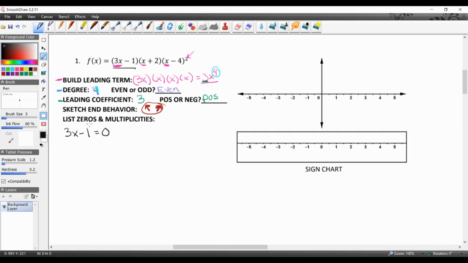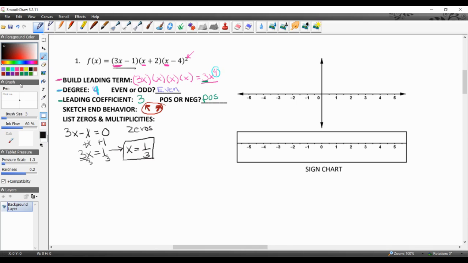Solving for x, I have to add 1 to both sides, which will get rid of the 1's here, and I'm left with 3x is equal to 1. After we divide by 3, x is equal to 1/3, and this is going to be one of our zeros.